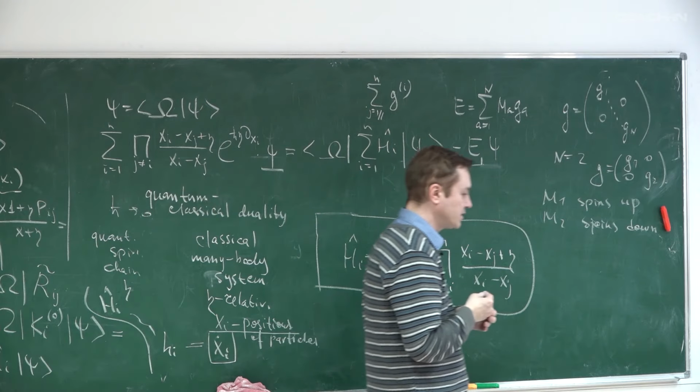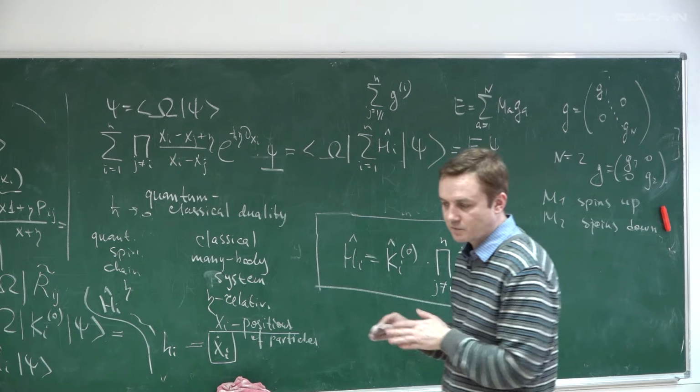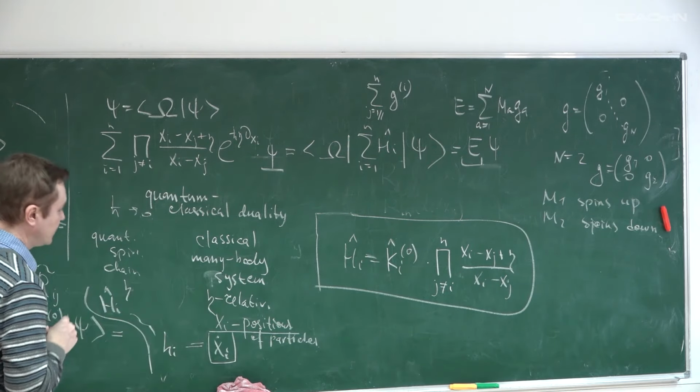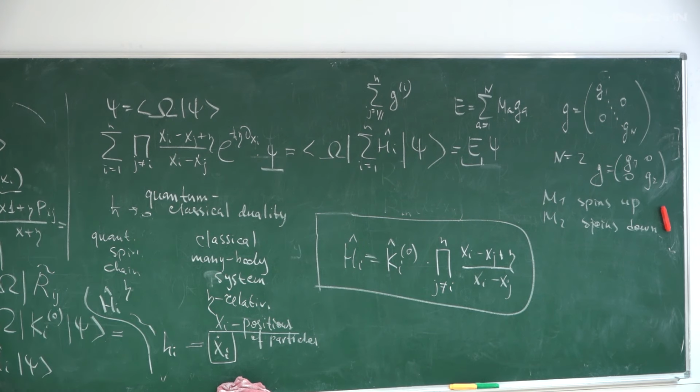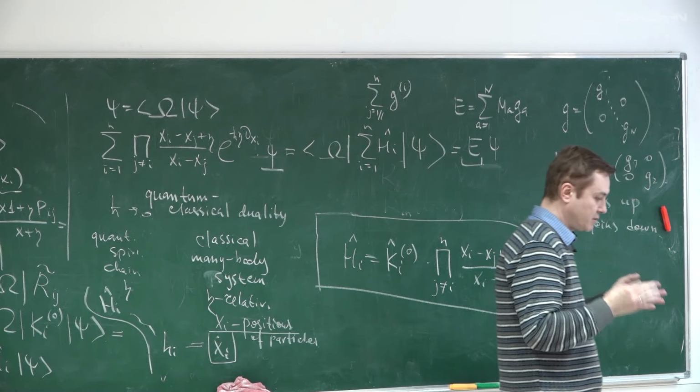So we have a set of spin chains, and to find the rule which relates one set with another is, I think, a good problem to be solved, and it is an open problem. I don't know the solution.